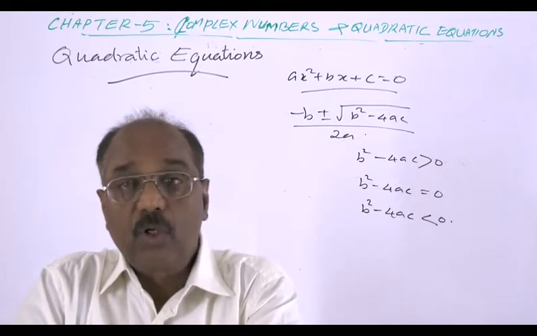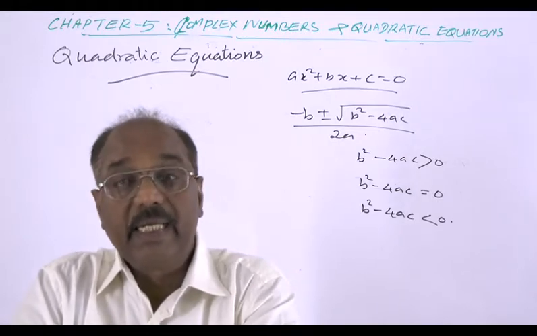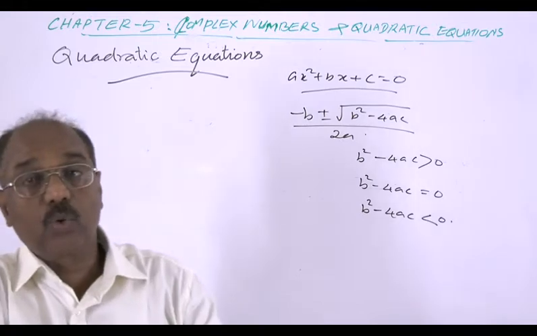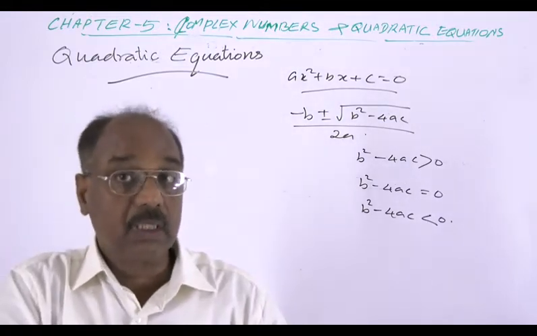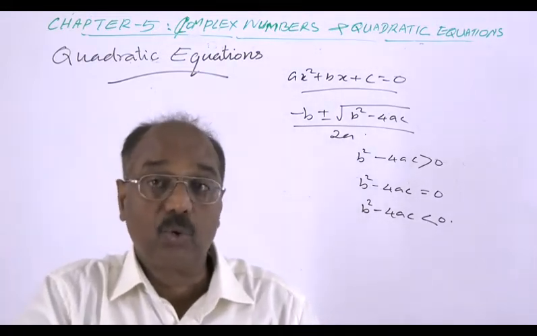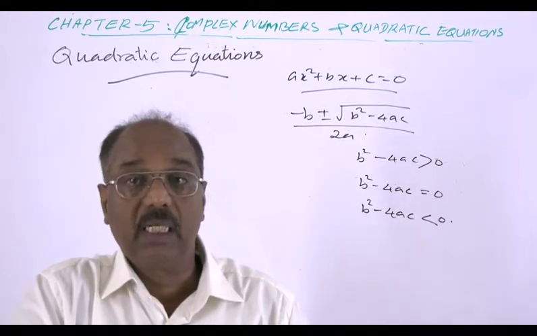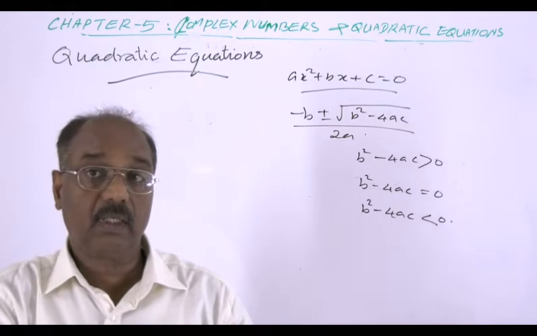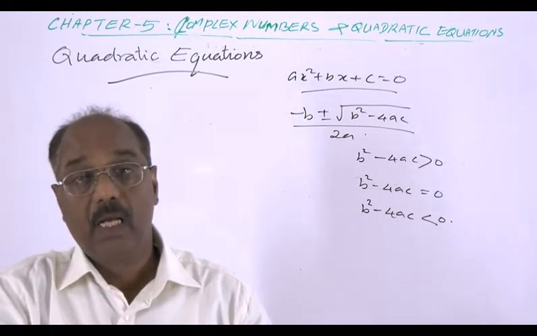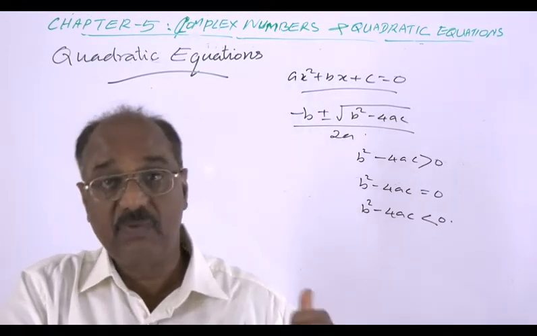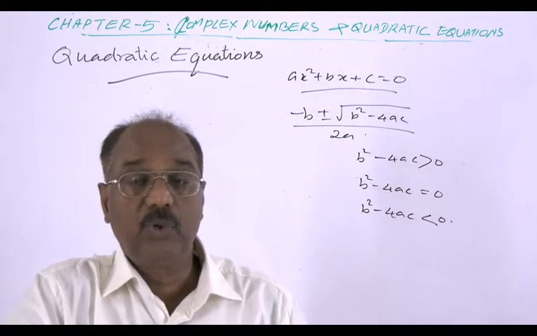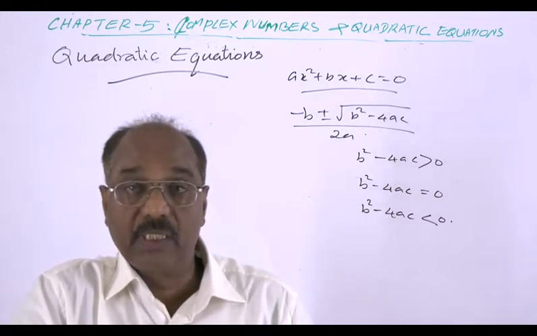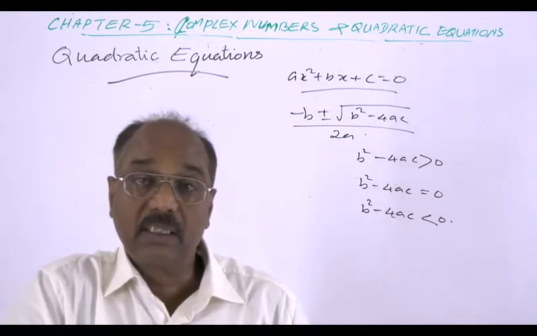So less than 0 means it is negative, and we know the root of a negative number is a complex number, an imaginary number. And we discussed this situation here, the roots of the quadratic equation which are complex roots.